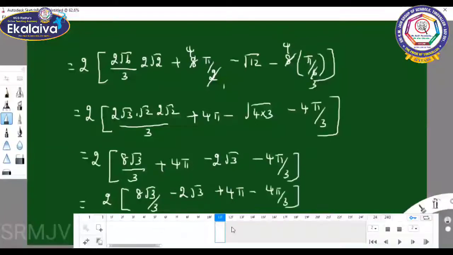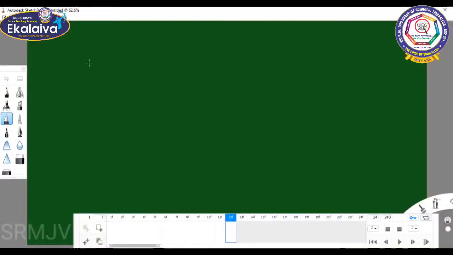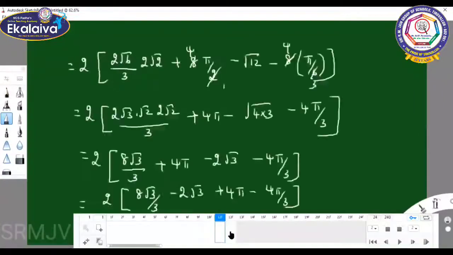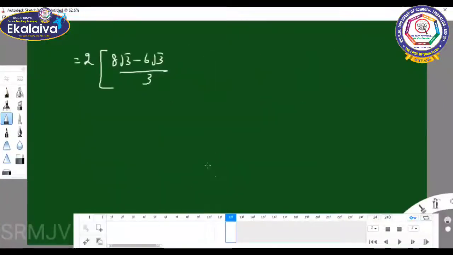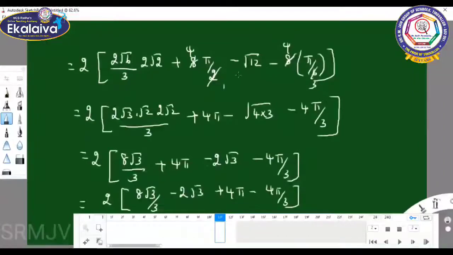You can take the LCM. See here, 8 root 3 minus 6 root 3 by 3, plus the same way 12 pi minus 4 pi by 3. 12 pi, 4 threes are 12 pi, minus 4 pi by 3.